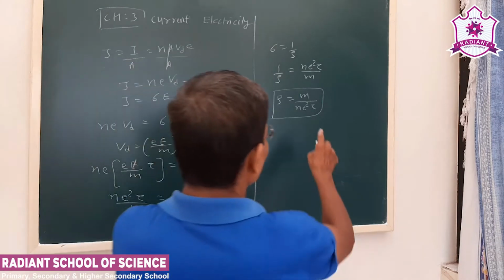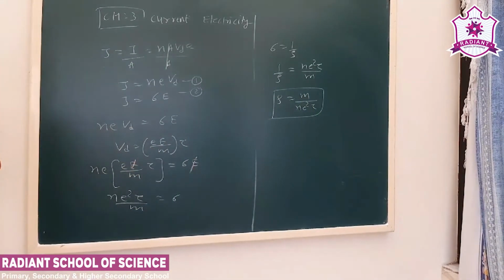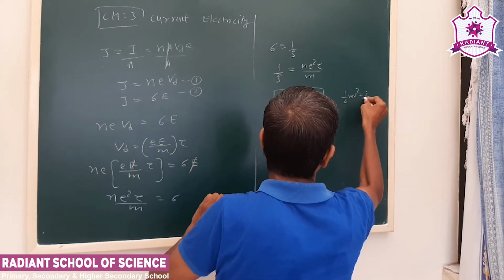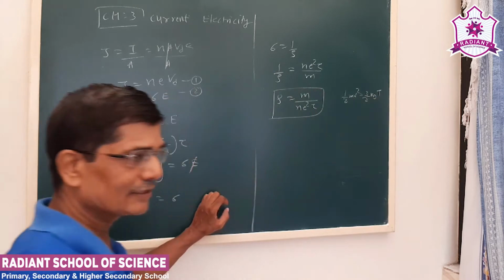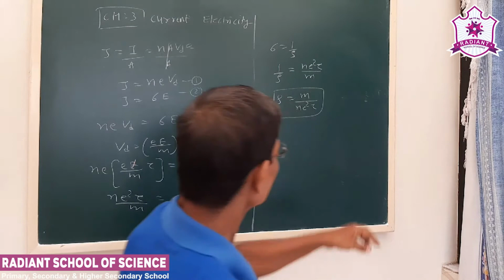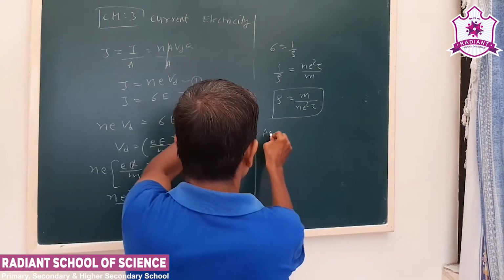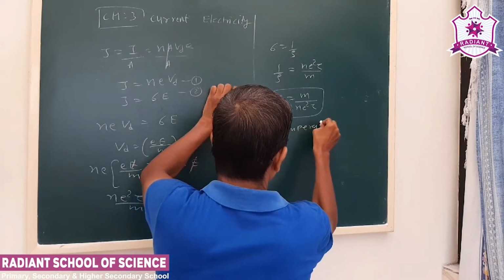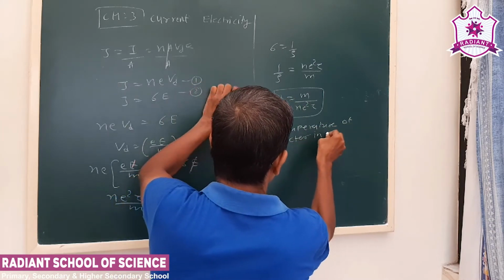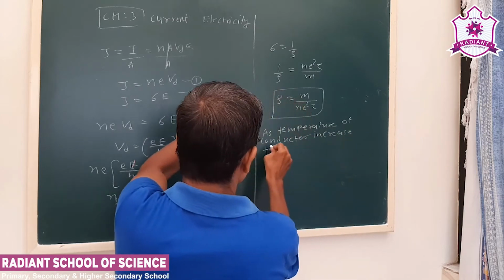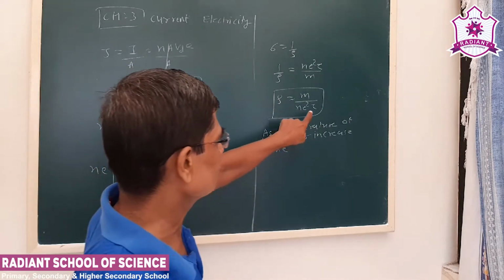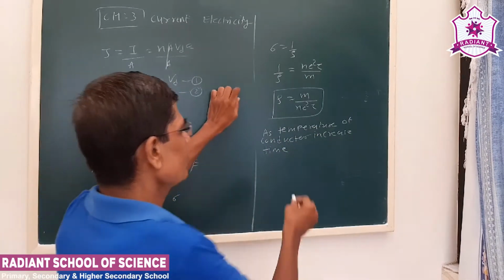Now see, tau is the time interval between two successive collisions. Earlier in the kinetic theory we have seen that the kinetic energy of the molecule is proportional to the absolute temperature. So what happened? As the temperature of the conductor increases, the oscillation becomes faster, so the time interval between two successive collisions, that is tau, will decrease.